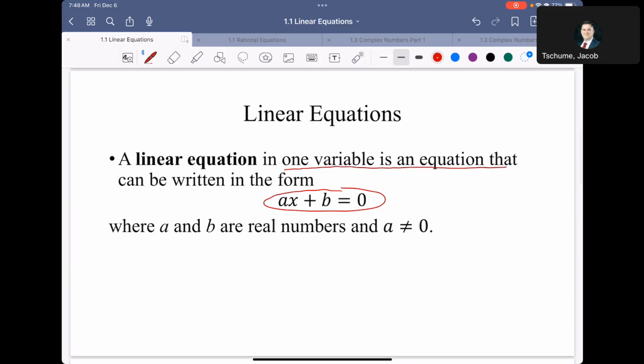And then usually it equals 0 or it equals some other number on the right-hand side. But the idea is you're trying to solve for x in an equation where all you have is x's and constants. And so the end goal here is what value of x can you plug in to make this a true statement? And we're going to learn how to solve those kinds of problems here in this video.